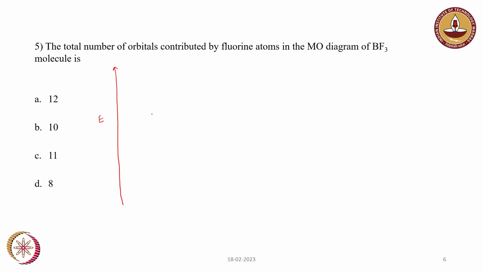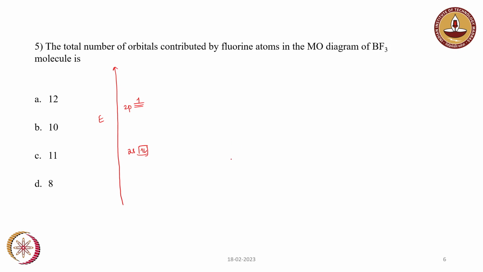Boron has 3 electrons. In 2s there are 2 electrons, and in 2p there is only 1.